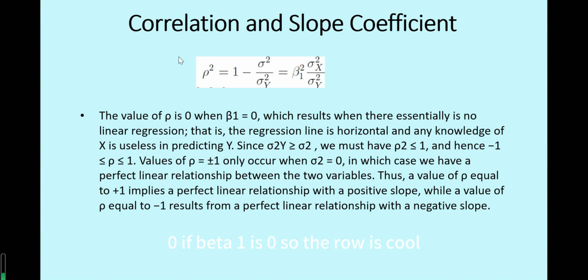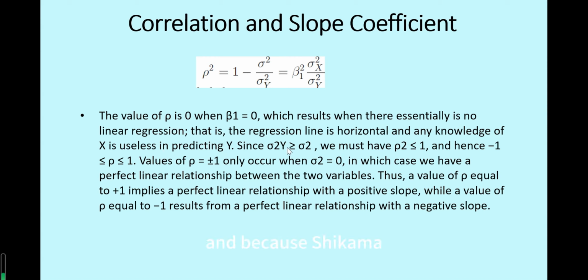The rho is the correlation coefficient between x and y, and the relationship between the correlation coefficient and the slope coefficient is this equation. When beta 1 is 0, there is essentially no linear regression because the slope is 0, so y is not connected with x. In this case, their correlation coefficient is also 0, right?